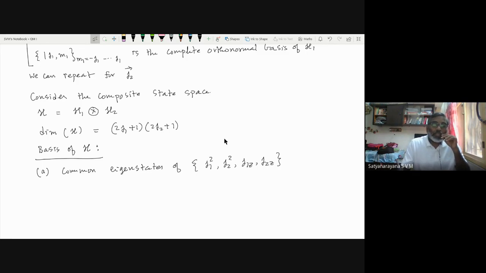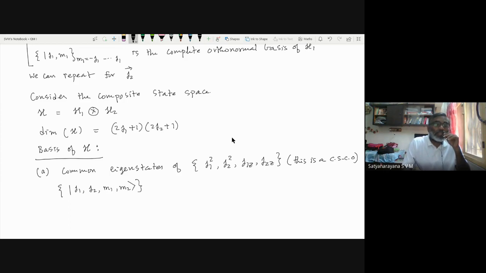Note that this is a complete set of compatible observables. Let us denote this basis as J1, J2, M1, M2.